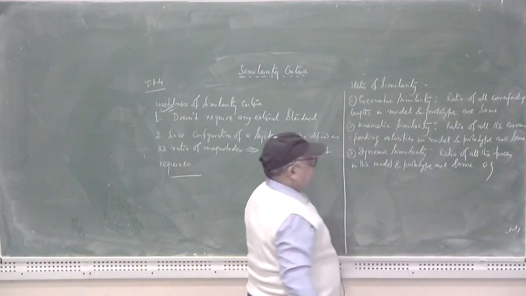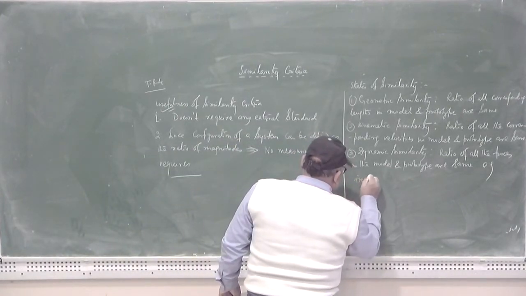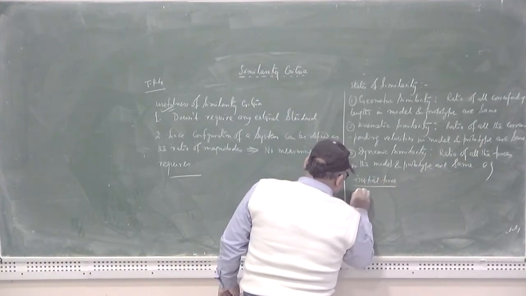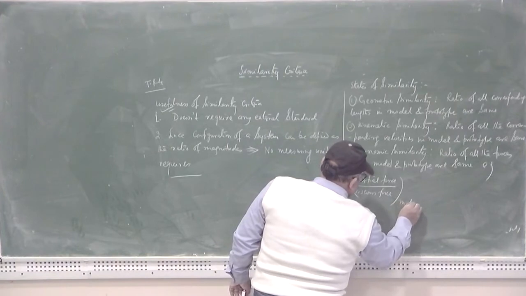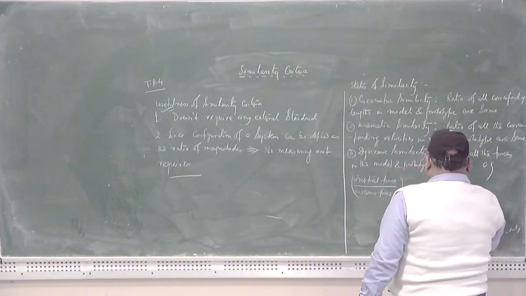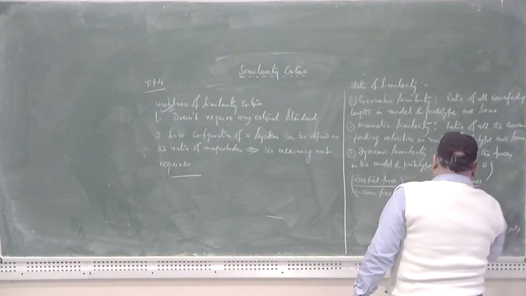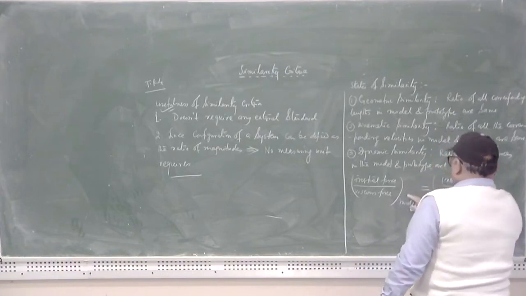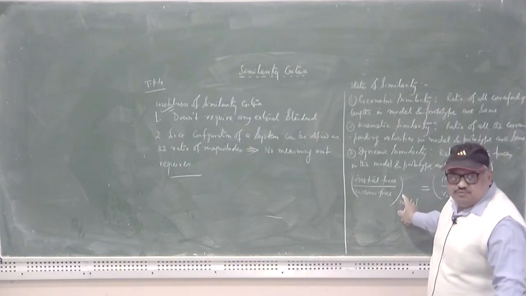An example: if I am observing that the ratio of inertial force divided by viscous force in the model is equal to the ratio of inertial force divided by viscous force in the prototype, then in that case a dynamic similarity can be assumed.